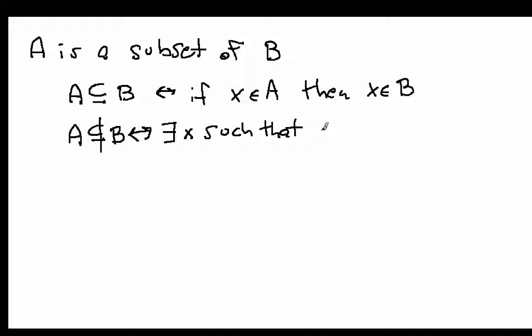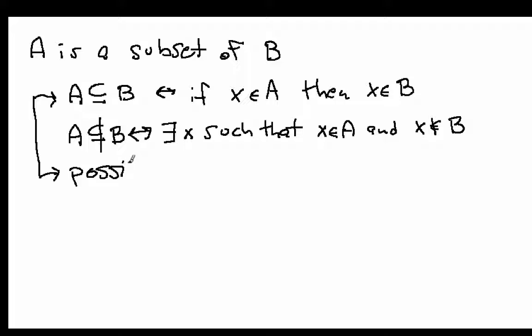Well, I think that would mean there exists an X such that X is contained in A and X is not contained in B. Okay, now this definition over here may include the fact that it's possible that A could equal B.